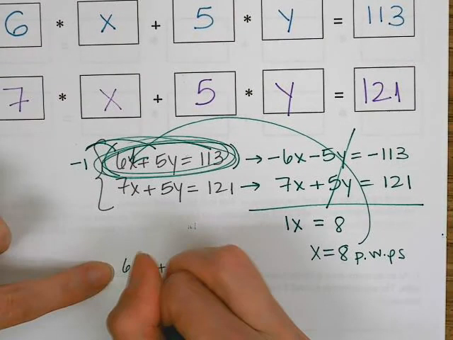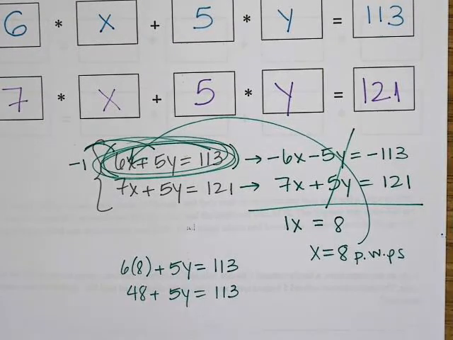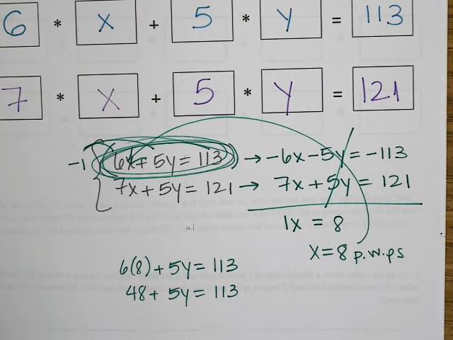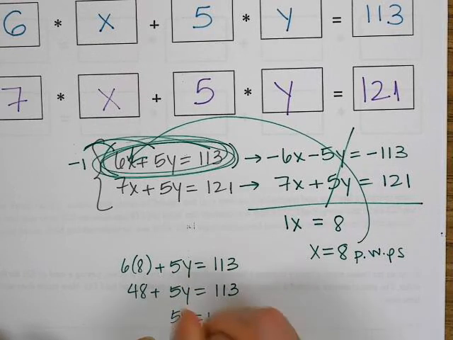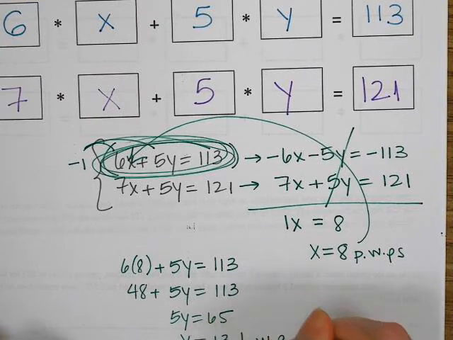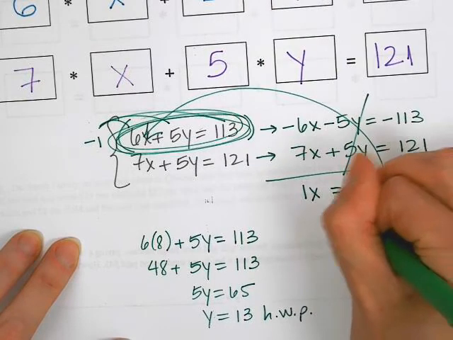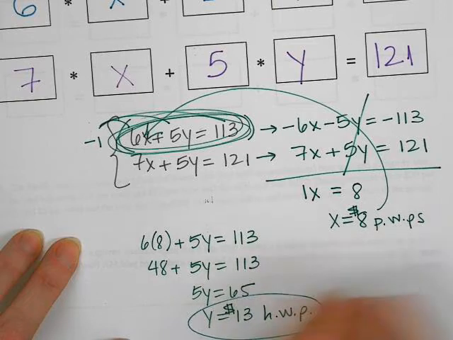So this is 48 plus 5y equals 113. If you subtract the 48 over, 113 minus 48 is 5y equals 65. So y is 13 for the holiday wrapping paper. And these, I forgot, these are actually the cost. So $8 for plain and $13 for holiday.